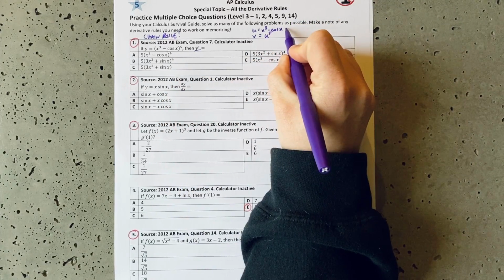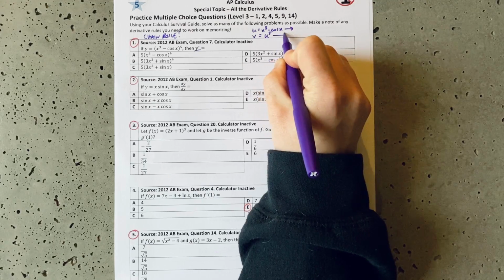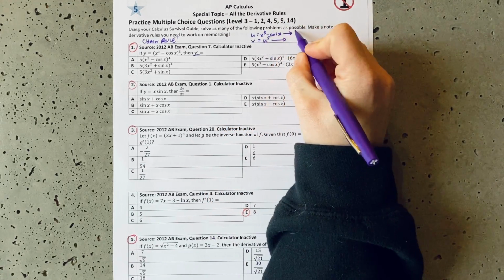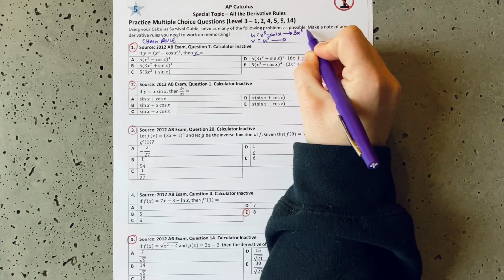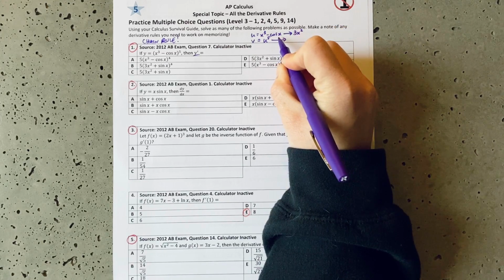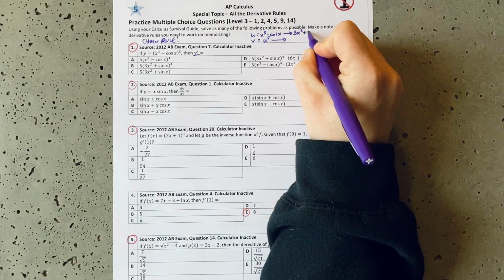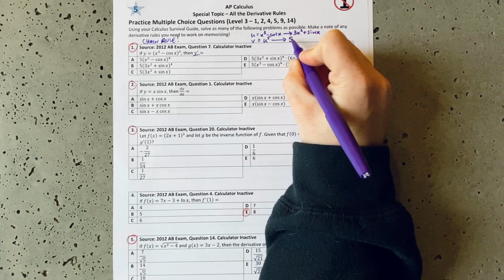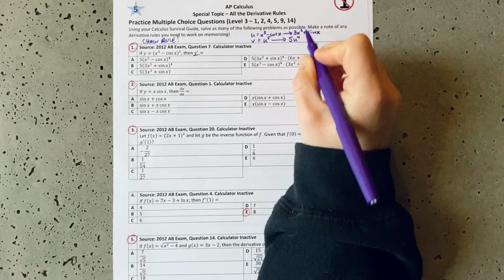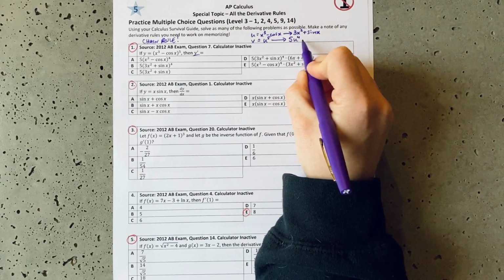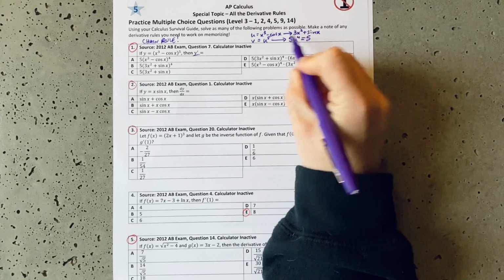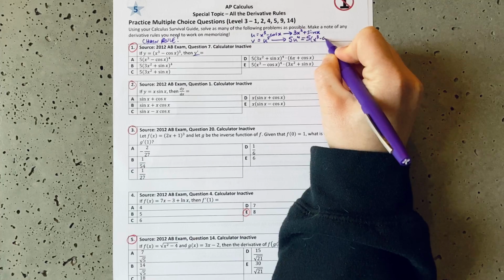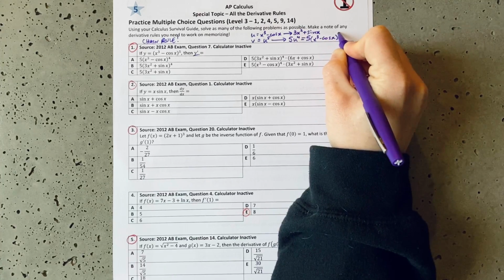Okay, so now we take the derivative of both of these pieces. The derivative of u is 3x squared, and then the derivative of cosine x is negative sine x, so it's going to turn into plus sine x. And then the derivative of u to the fifth is 5u to the fourth, and you have to plug back in for u. So equals 5, u was x cubed minus cosine x, to the fourth.